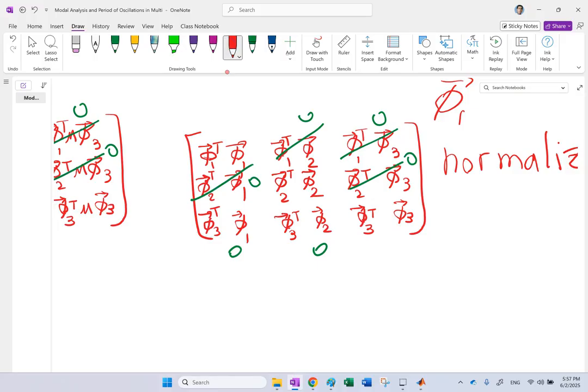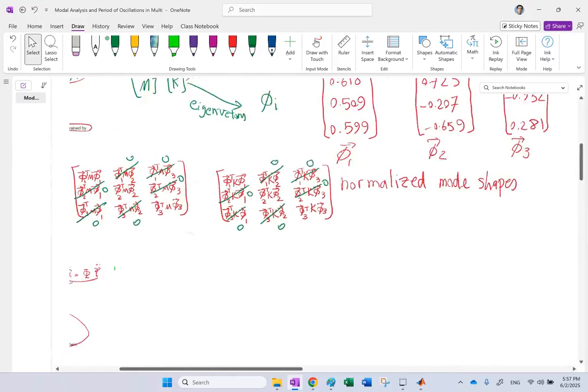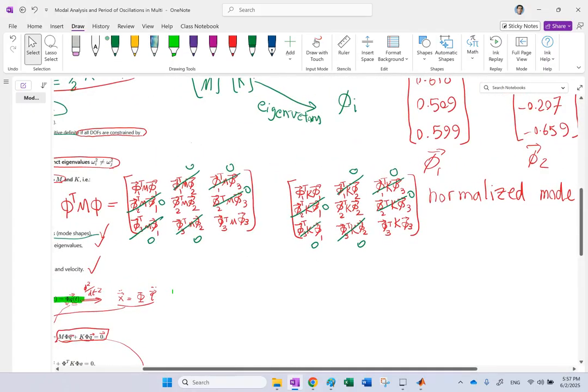So let me plug in k. Again, all the off diagonals will be 0. Now, what about the diagonals? The diagonals don't need to be 0. But what would they be? They are not 0, but what are they equal to?